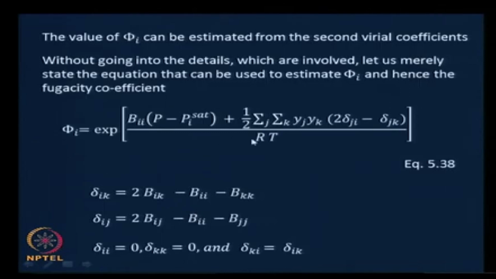Therefore, there is a way of estimating this phi I from the second virial coefficients, and going back you can get the other quantity that we are looking for.